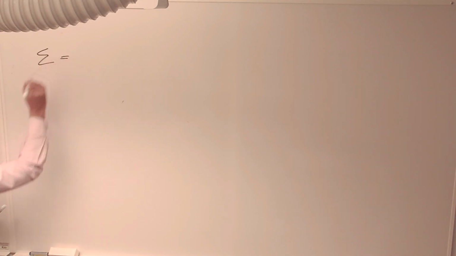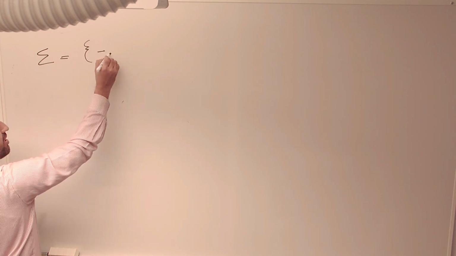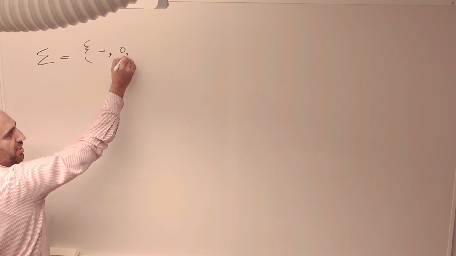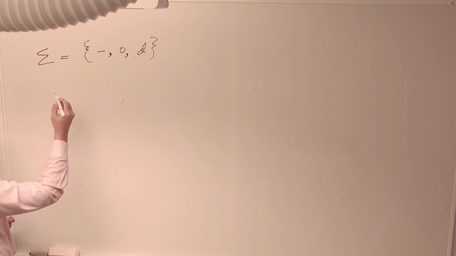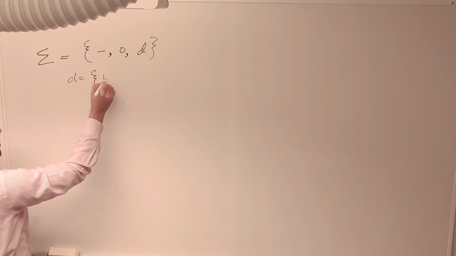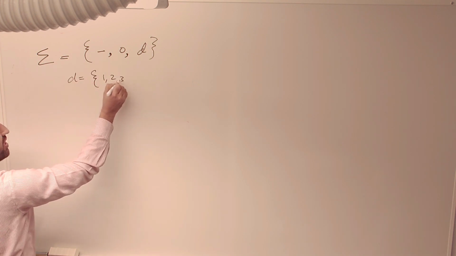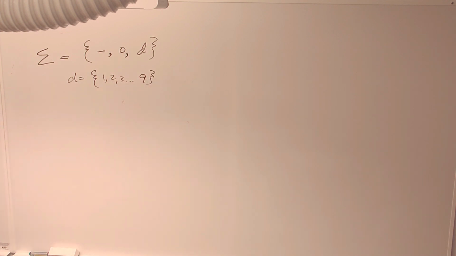Our alphabet this time for the second language has the symbols minus, 0, and D, where D represents the digits 1, 2, 3 up to 9.